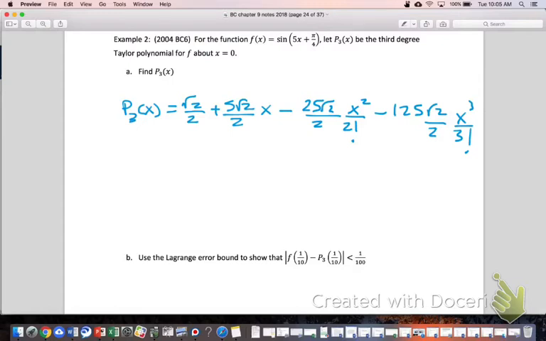And then we get into part B. B says, use Lagrange error bound to show that that thing right there is true. So I think it's important for us to talk about what that thing is.